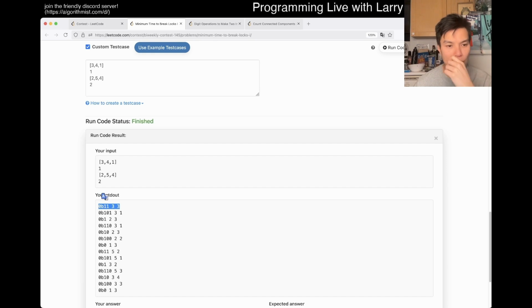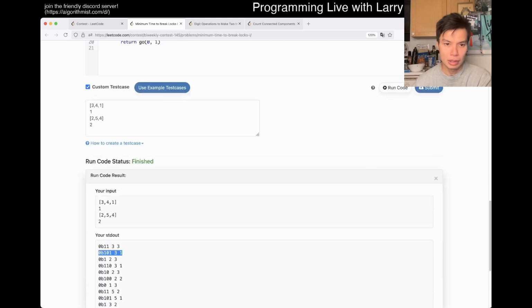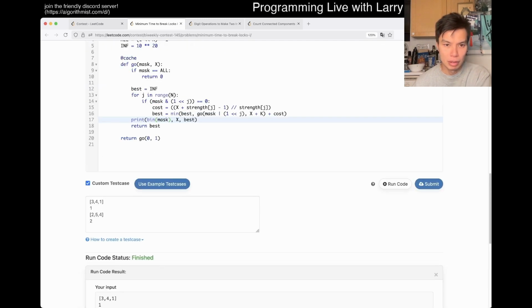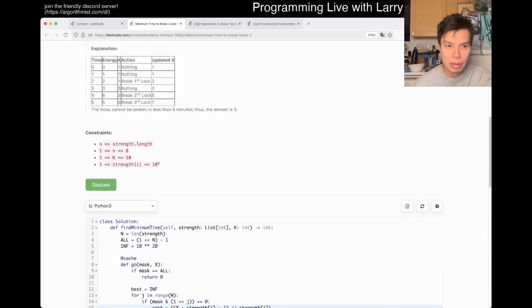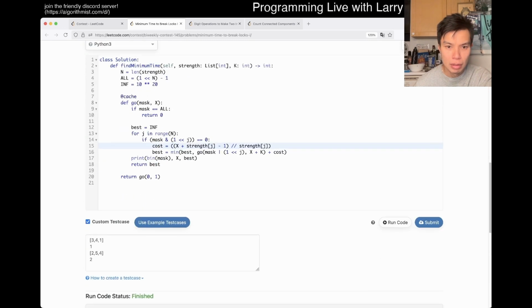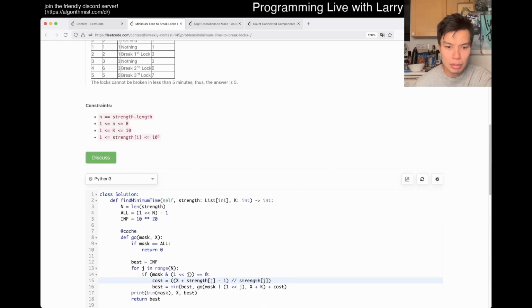Now it's in reverse order, so this is 1. So we want the 2, so 101. This doesn't make sense, because the cost should be 2. Why is this 2? Am I dumb?